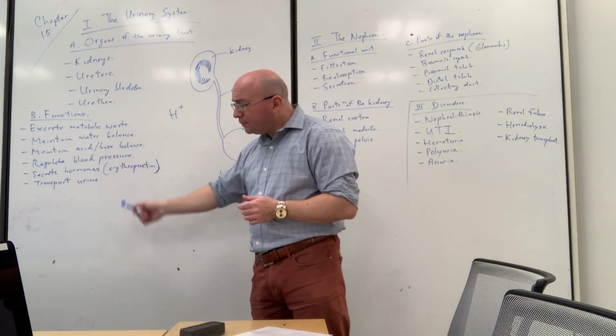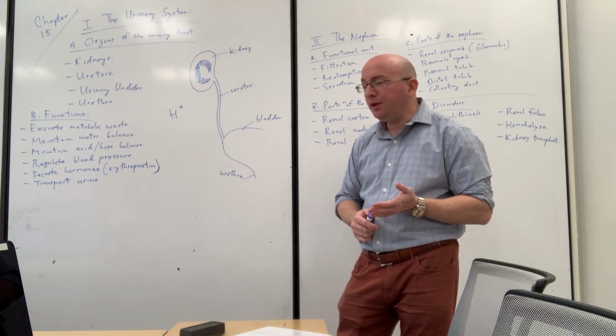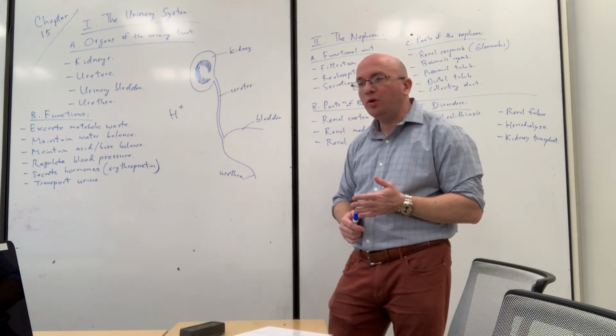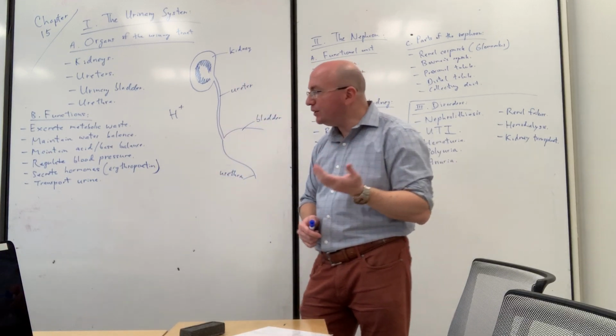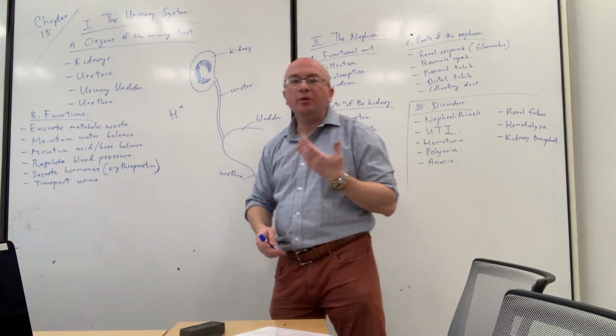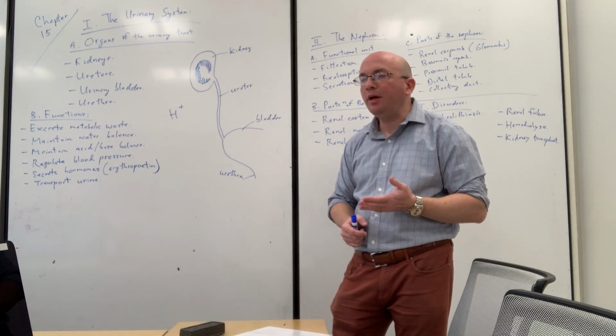And another function that many people do not usually think of, but is still quite important, is that kidneys are able to produce hormones besides renin, besides the one for blood pressure I just mentioned. There's also something called erythropoietin, which is a hormone necessary for normal red blood cell production in the bone marrow.